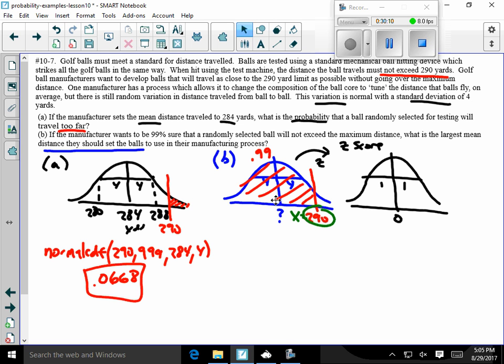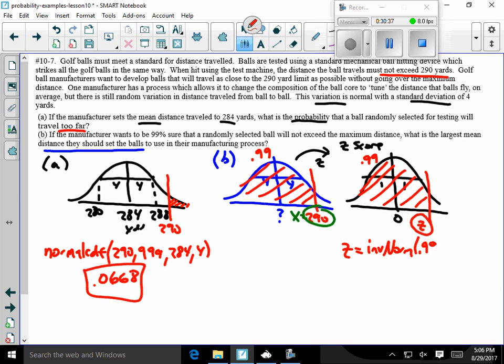But if I can find the equivalent z-score value, then I can use the z-score formula to link the two. So there's also a z-score associated with the same spot, where we're 99% sure that we're not going to be above the value. Right? So now to find this z-score value, I can use inverse norm. That z value would be inverse norm.